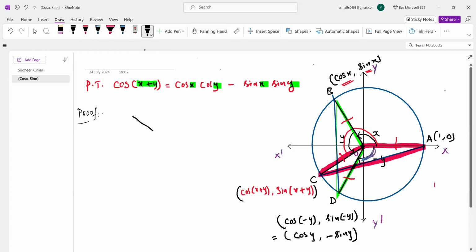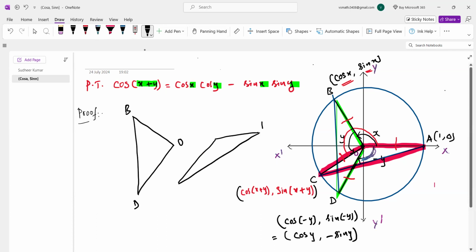The first one is in this shape, B, O, D. And the other one is in this shape, A, O, C. If you observe this, from here to here, this is y units.